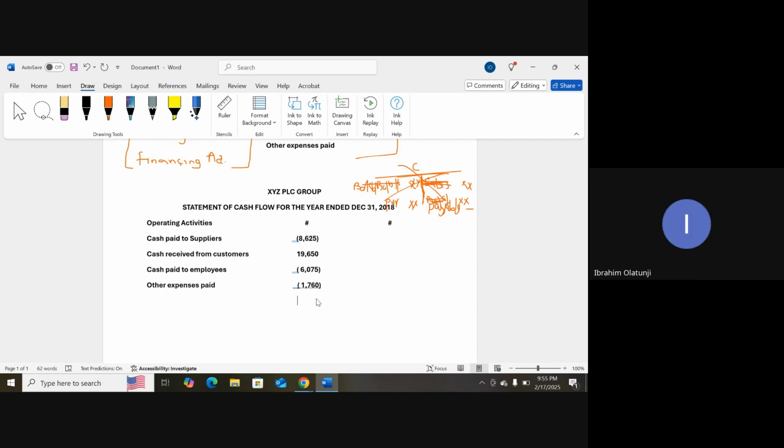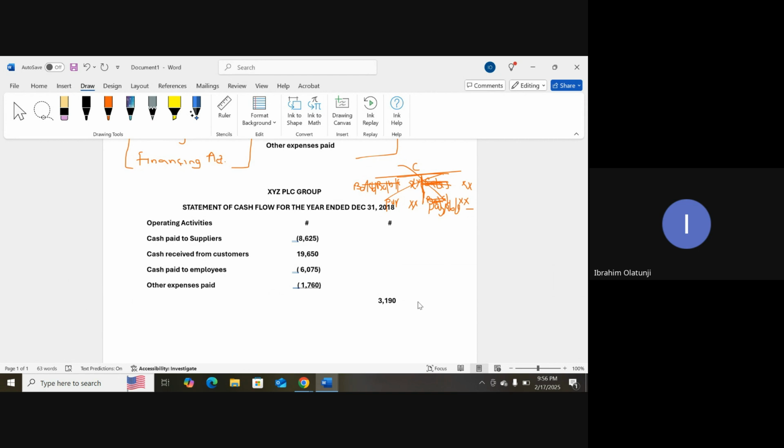The other should confirm this. It's 3,190. Yes, it's 3,190. Is it positive or negative? But you have to be sure. Positive. So we don't need to bracket it.